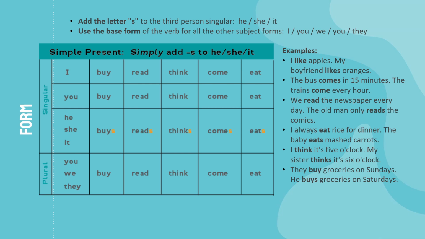The bus is a singular subject, so you need to add s at the end of the verb come. The trains come every hour. The trains are a plural subject, so you do not need to add s at the end of the verb.